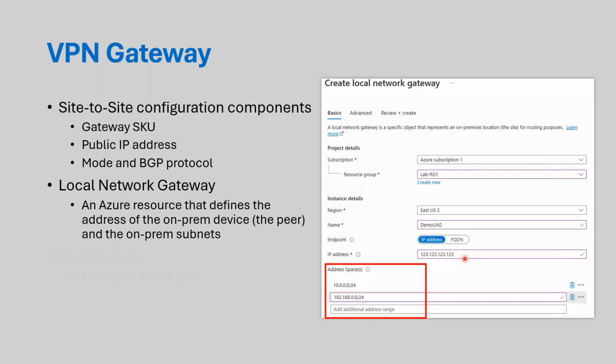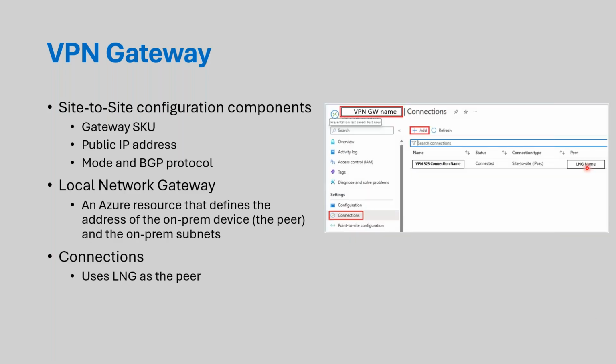Is there a pre-shared key for that connection? What protocols are we going to use? Are we going to use a default IPsec policy, or do we want to hit custom? And if you hit custom, you have the settings that you can configure. What is phase 1? What is phase 2? What is lifetime?